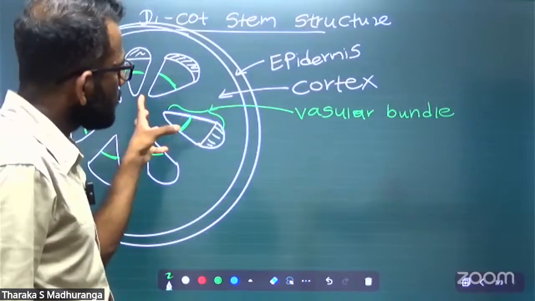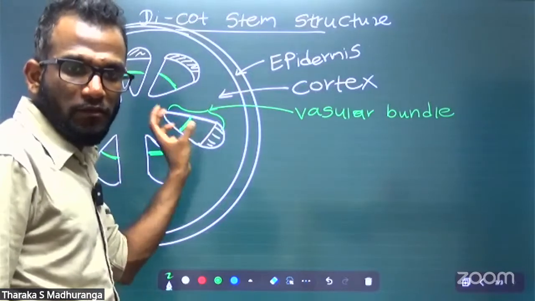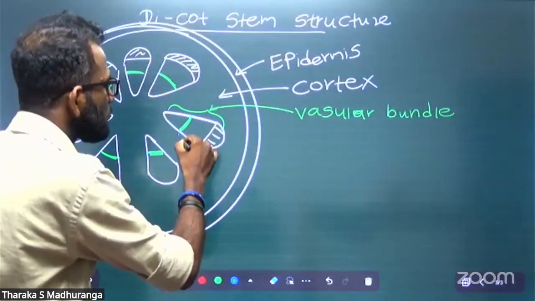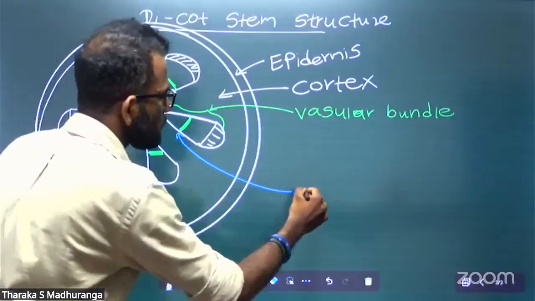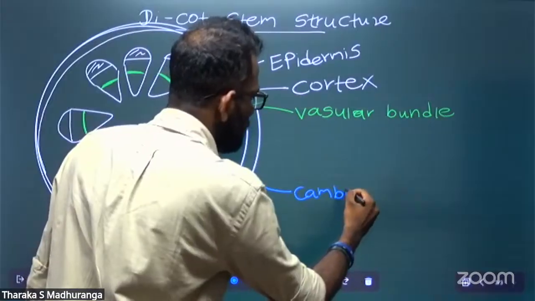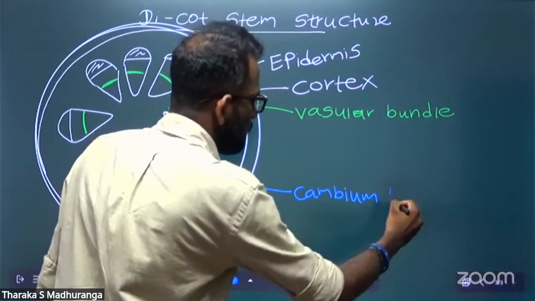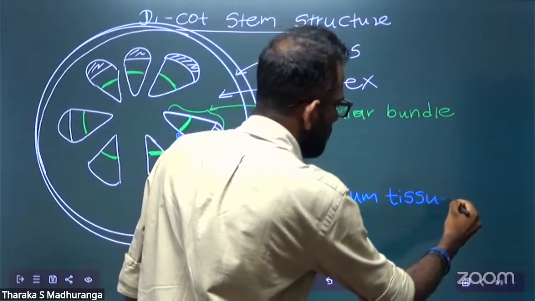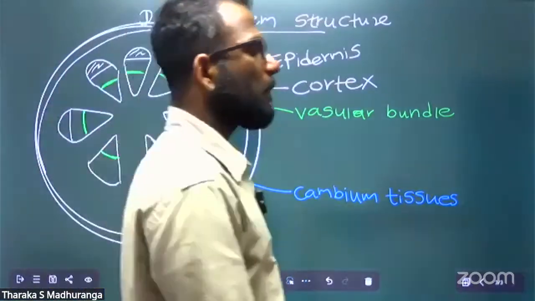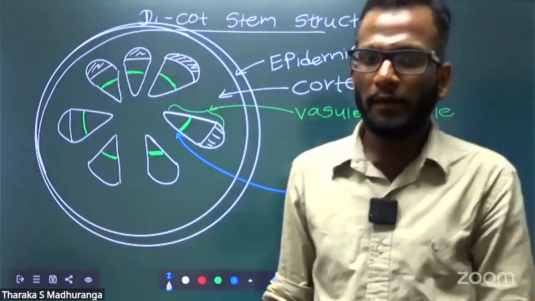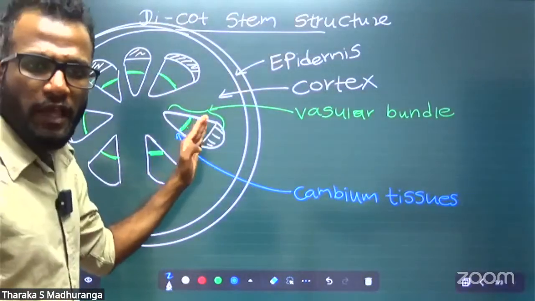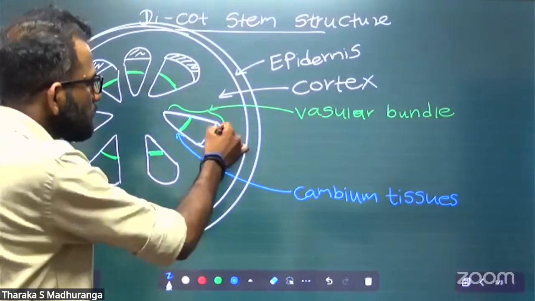Between the cortex, it contains vascular bundles, and in them are the cambium tissues.